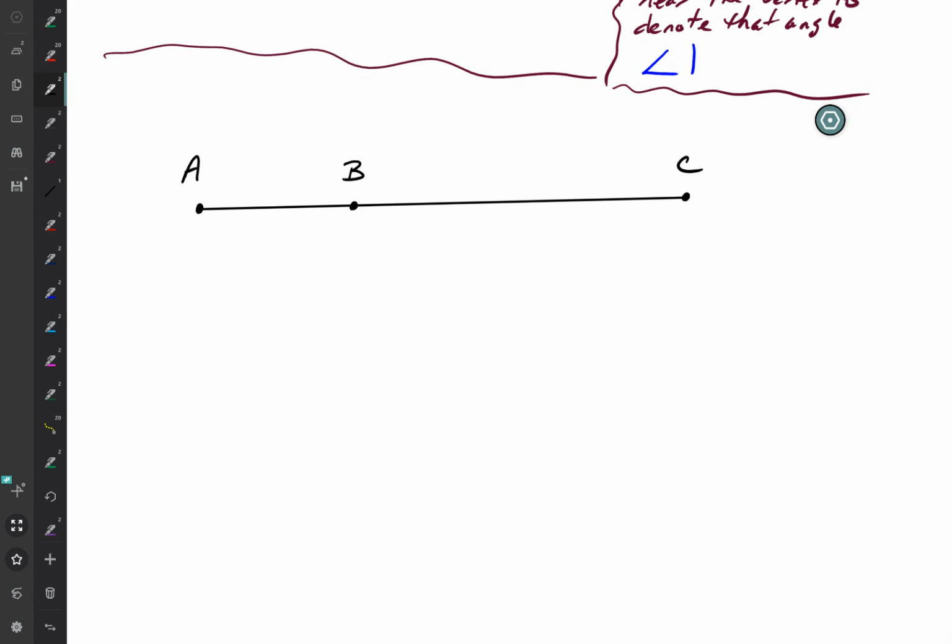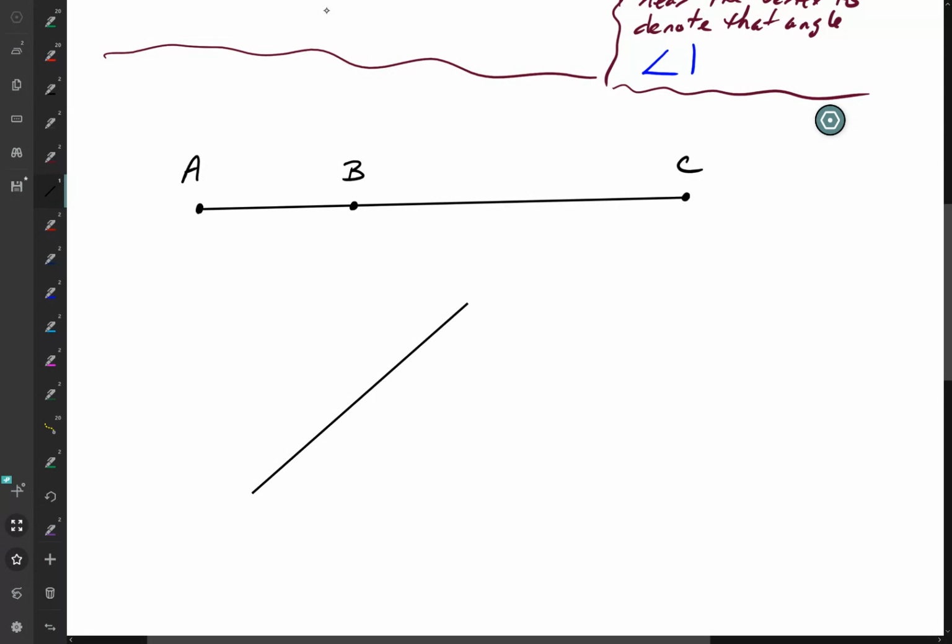Okay. I'm going to draw a couple of different situations here.